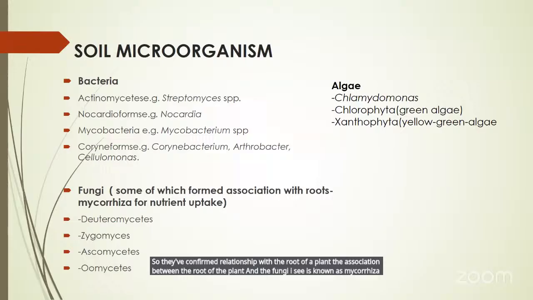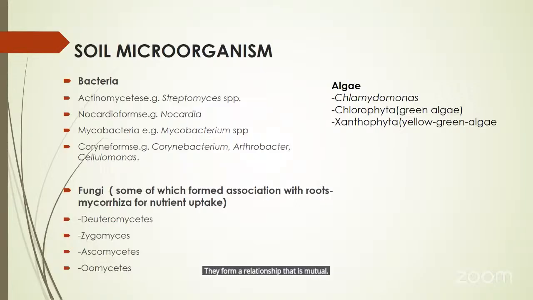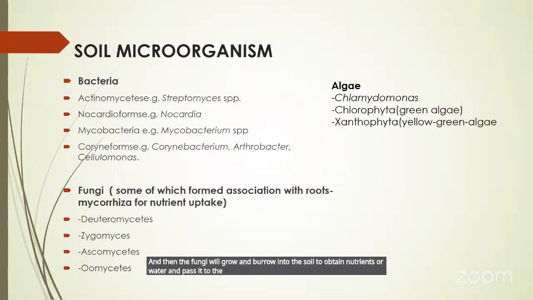So during drought or when there's shortage of water or nutrients, they form a relationship that is mutual. The fungi will wind its hyphae around the root of the plant, and then the fungi will grow and burrow into the soil to obtain nutrients or water and pass it to the plant for it to grow.